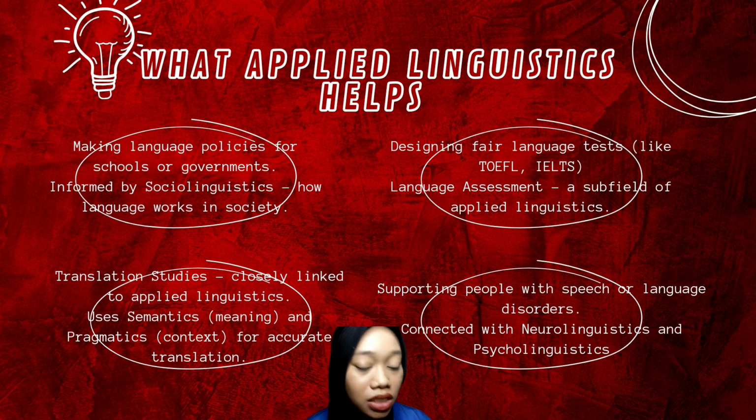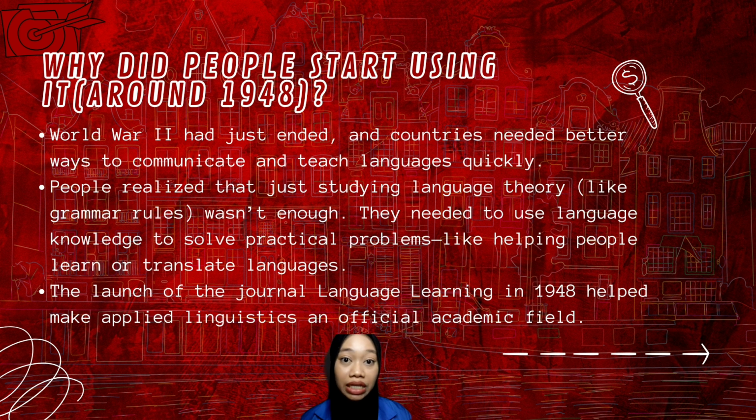And translation studies, closely linked to applied linguistics, uses semantics, the meaning, and pragmatics, the context, for accurate translation. And the last, supporting people with speech or language disorders, connected with neurolinguistics and psycholinguistics.